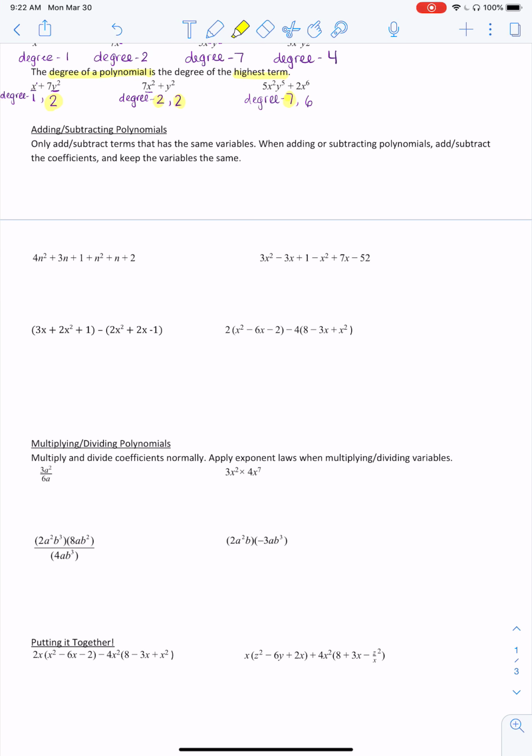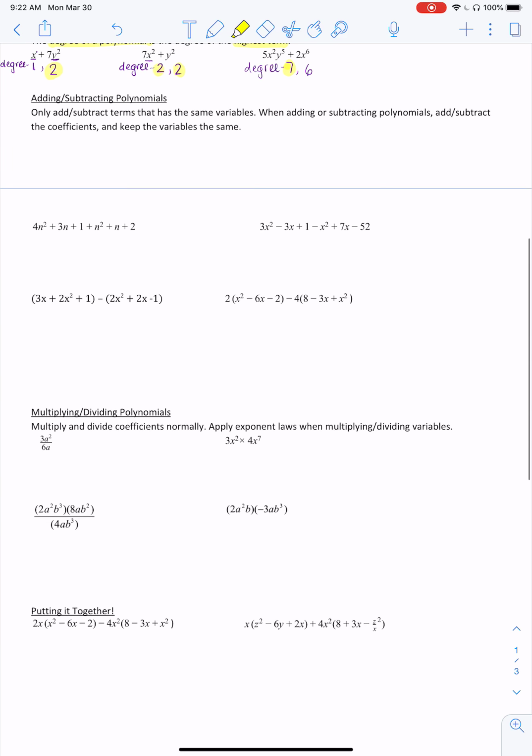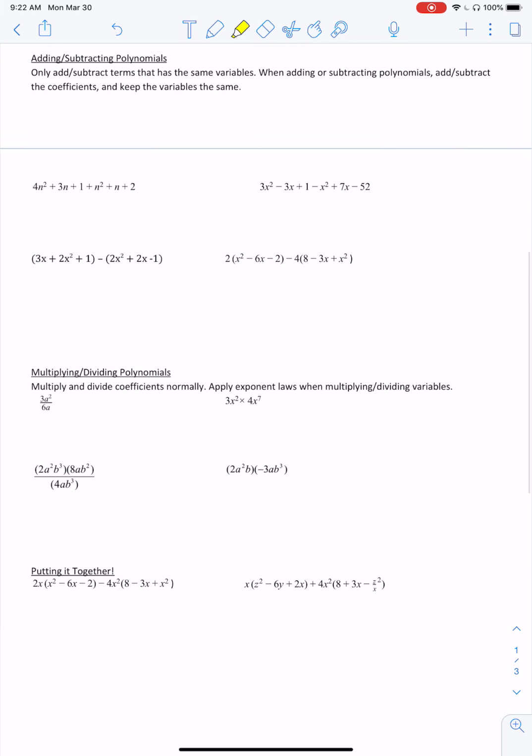Okay, so we're going to be continuing on, and this part is grade 9 review. That's really, really important for this unit that we all feel very comfortable with this stuff. So what we're going to be doing is adding and subtracting polynomials. In other words, we're going to be collecting like terms.